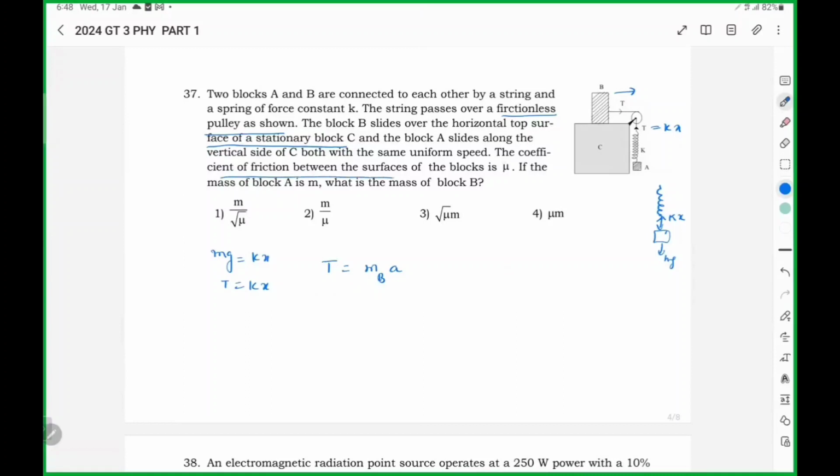The coefficient of friction between the surfaces of the blocks, here there is friction. So mu N here is mu mg, and T becomes mu N, that is mu mg.